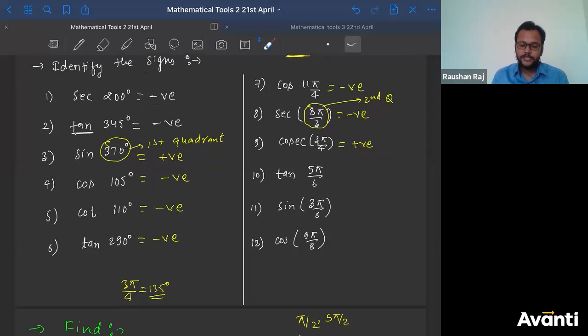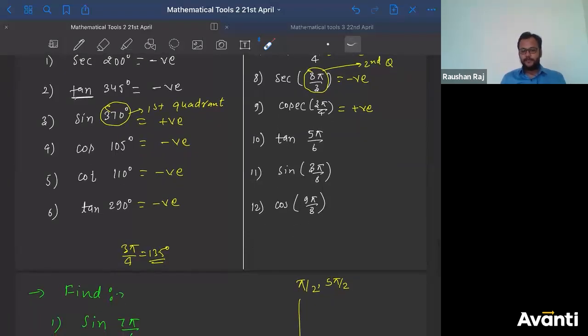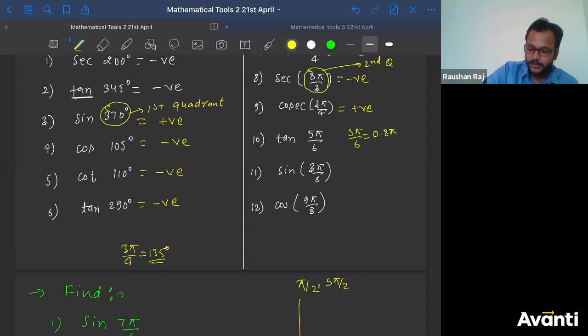Chalo. Now let us go to 5 pi by 6. What is the answer for tan 5 pi by 6? Positive or negative? In which quadrant will this lie? So let me write 5 pi by 6 in terms of decimal. It is nothing but 0.8 pi, approximately.